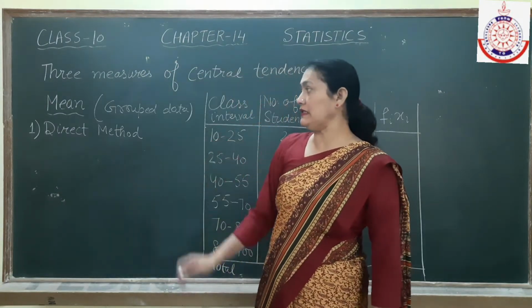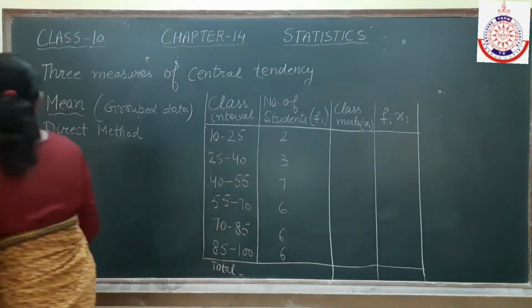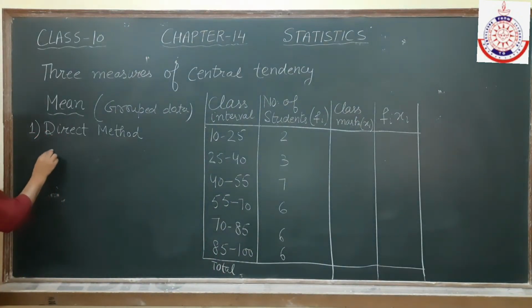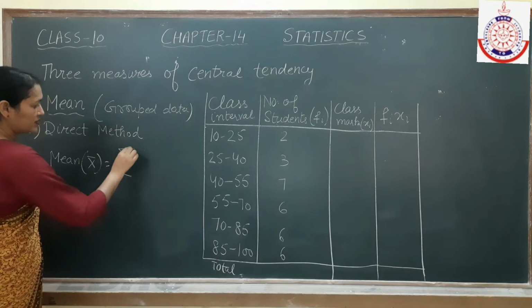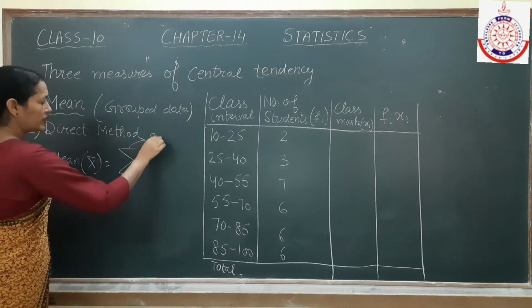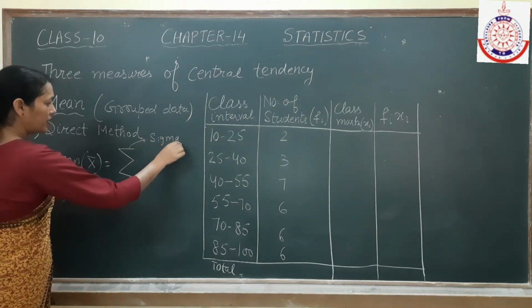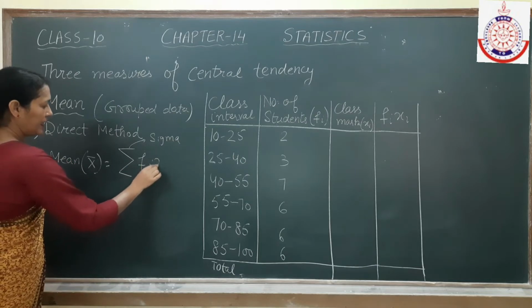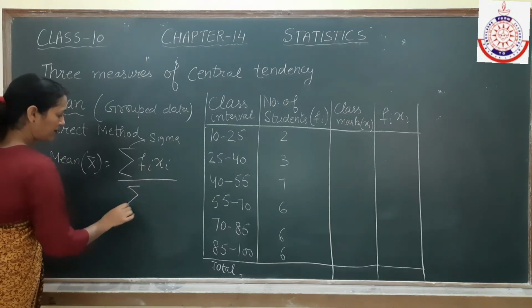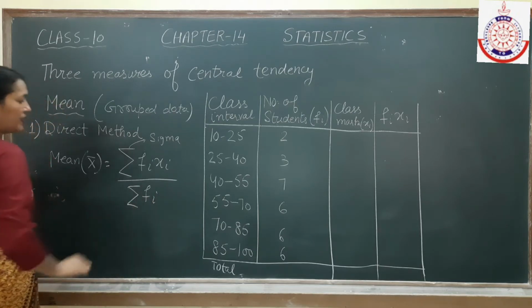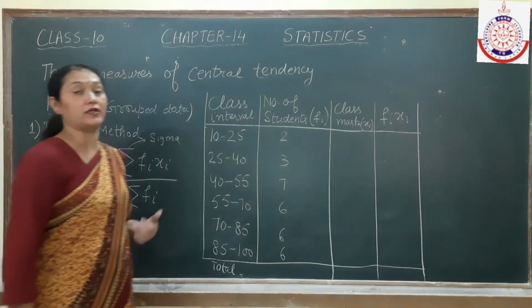For direct method, the formula you'll be using is mean. For mean we write x bar is equal to sigma fi xi upon sigma fi. The symbol is known as sigma. Sigma means summation, sum of.